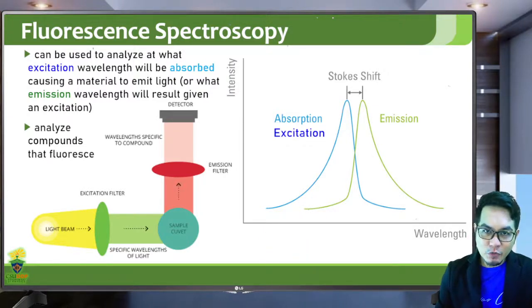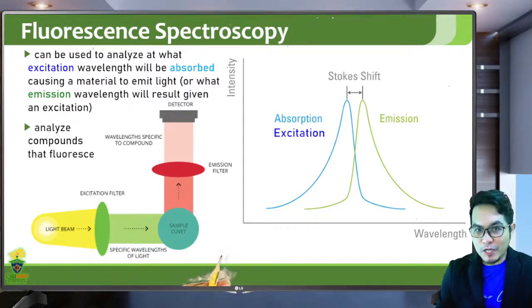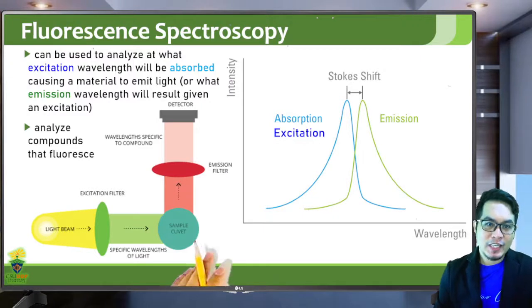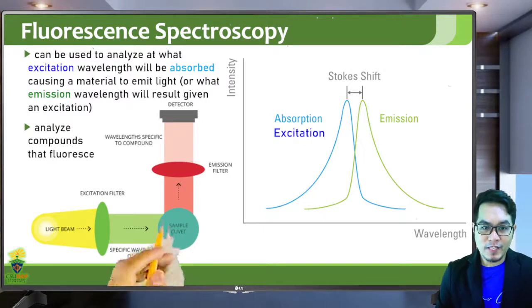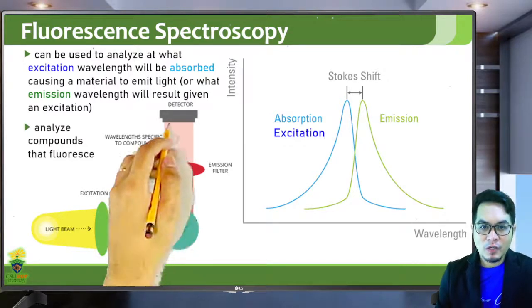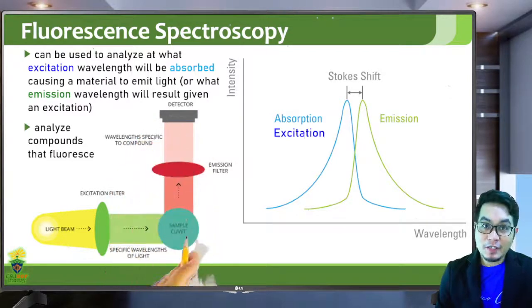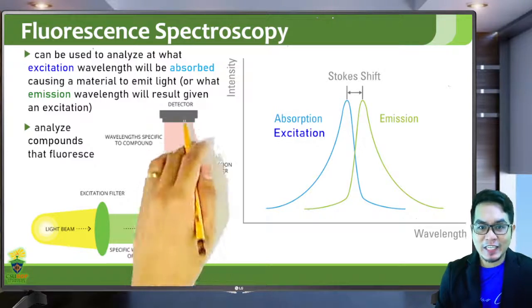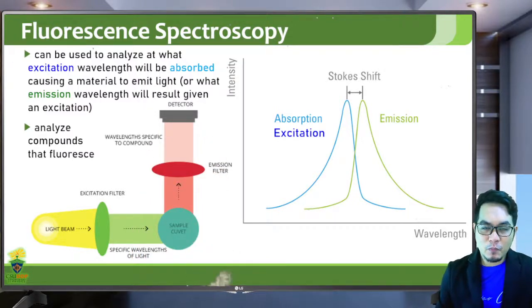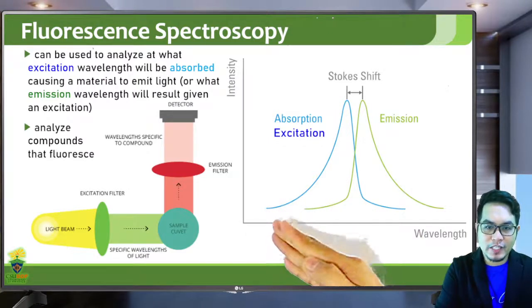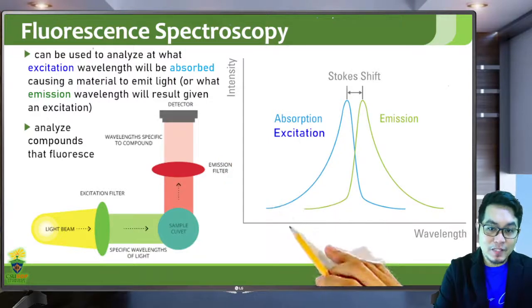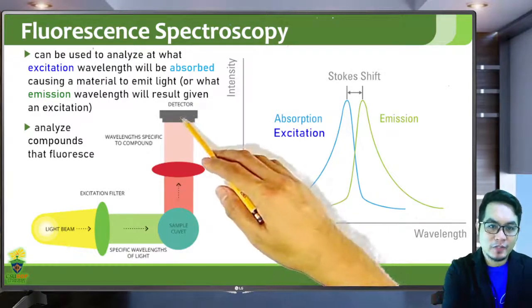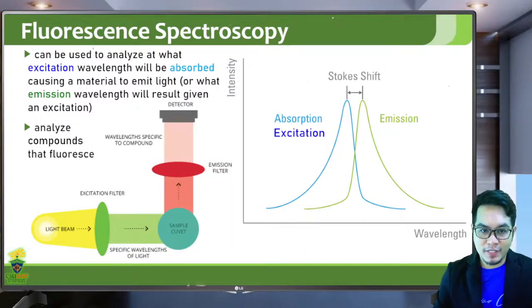But since we are trying to quantitatively measure the emitted light due to photoluminescence or fluorescence, we place a detector at a different angle, usually 90 degrees. So if you want to measure both absorbance and fluorescence, you can put one detector here for absorbance and transmittance, and your detector here for fluorescence or photoluminescence.